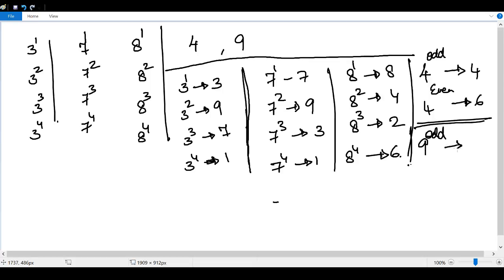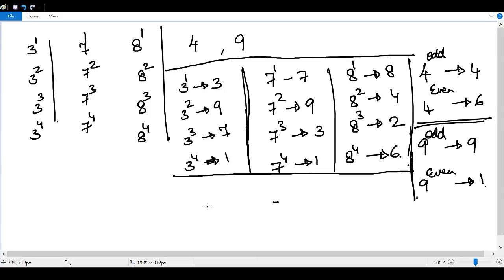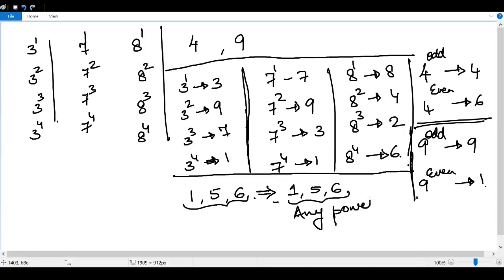Similarly, 9 power odd will end in 9, and 9 power even will end in 1. So this is for 4 and 9. These are for 3, 7, 8. Now the question is, when it comes to digits which end in 1, 5 and 6, numbers that end in 1, 5 and 6 will continue ending in 1, 5 and 6 irrespective of the power. So no matter what power I am talking about, it will continue ending in 1, 5 and 6.